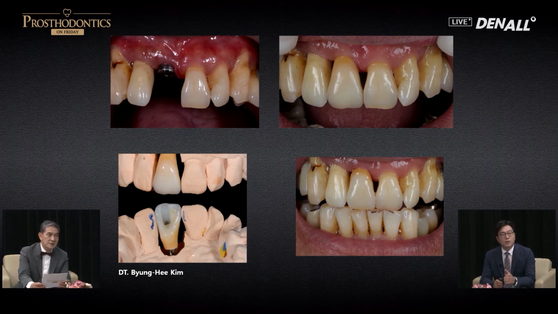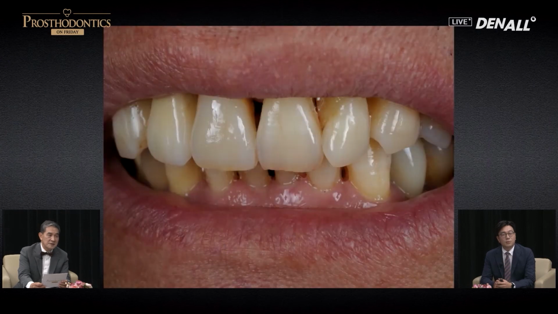And if we instruct the patient to take care of the oral hygiene, that will be okay. So even though the empty spaces exist, we can make it look natural by matching that, and we need to instruct the patient to clean the spaces.